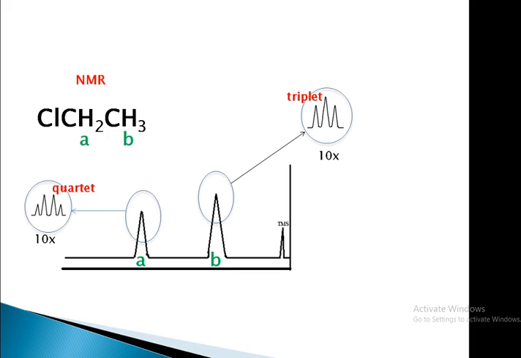So this splitting is the multiplicity of the peaks, and it happens due to the spin-spin coupling. Another term we should know is that these protons A and B are coupled protons. That means they are causing splitting of each other's peaks.